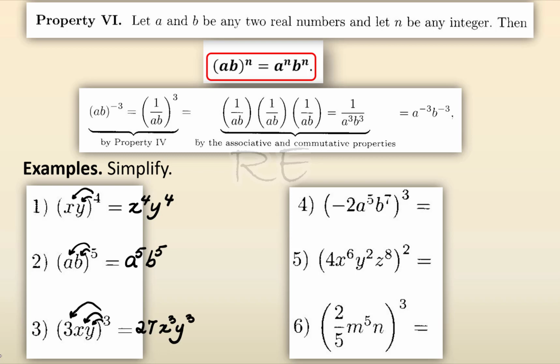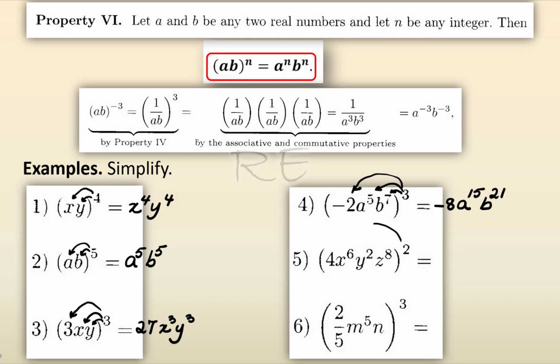Between parentheses, (-2 a to the fifth b to the seventh) to the third will be (-2) to the third, negative 8. (a to the fifth) to the third, 3 times 5, 15, a to the 15th. (b to the seventh) to the third, 7 times 3, 21, b to the 21.